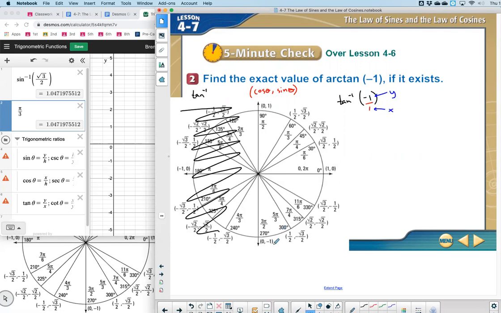We need y to be -1, so let me go down here. We have a y of -1 right there, but the problem is x is 0. That's not right, so that's not our point. And at 0, 2 pi, we have an x of 1 that we needed, that was good, but we have a y of 0. That's not right, so that's not it either.